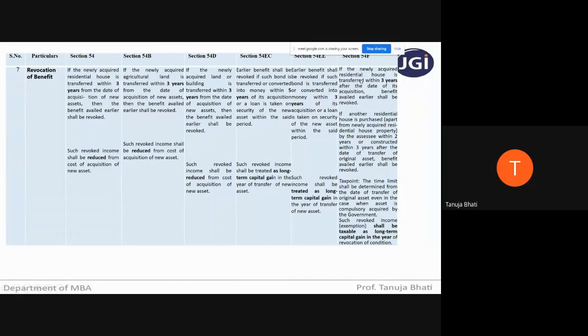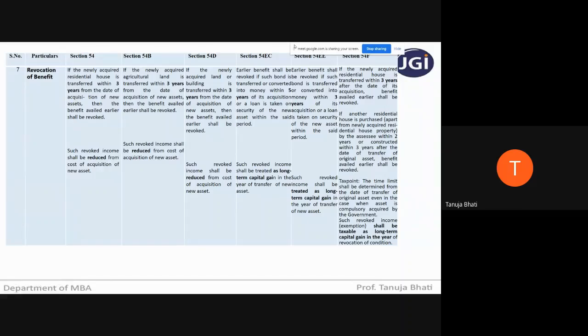Even under section 54F, within a period of 3 years, the new residential house should not be transferred. And if it is transferred, the benefit of deduction will be reversed and it shall be treated as a long-term capital gain in the year of revocation of the condition. So remember, under sections 54, 54B, 54D, if the new asset is transferred within a period of 3 years, it should be added back to the cost of acquisition in the year of transfer.